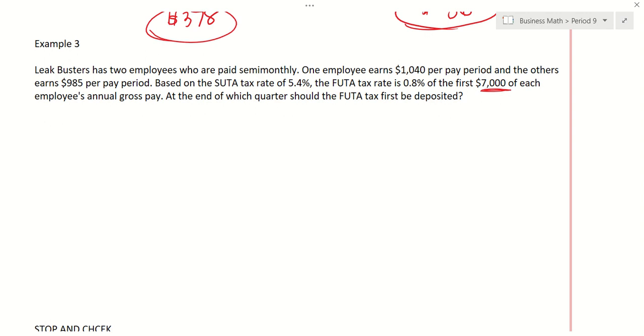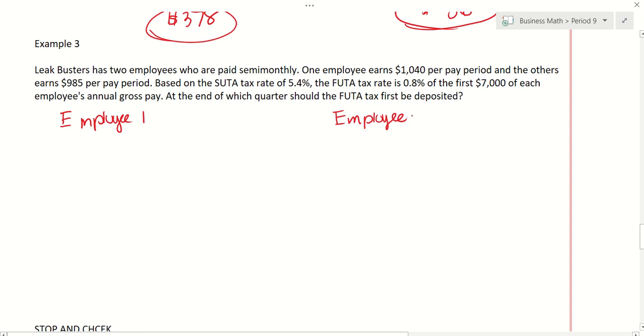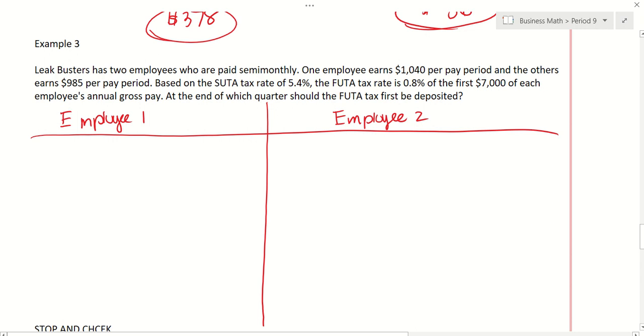So what I like to do is basically organize it into a table. So you've got employee 1 and you've got employee 2. And we're going to divide them off. So for employee 1, we're starting at the beginning of the year.